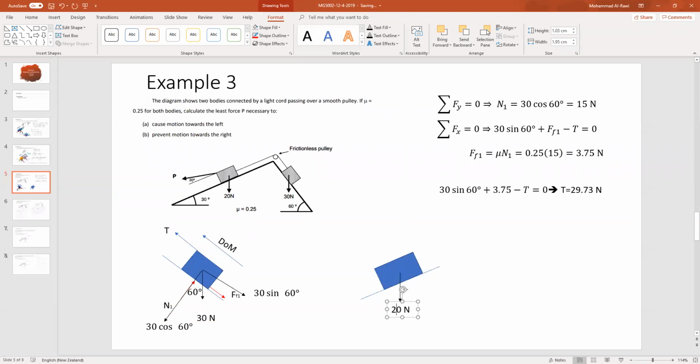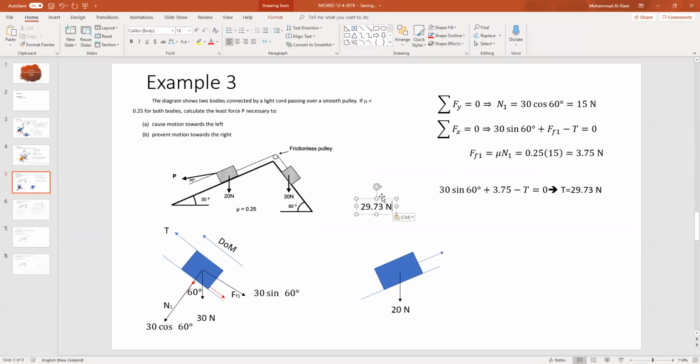And what else we have is the tension, so in that direction we have T, and the value for that, as we said, is 29.73. And the direction of motion is very important here. So the direction of motion, we're moving downwards. So that's how we're moving. That's the direction of motion.